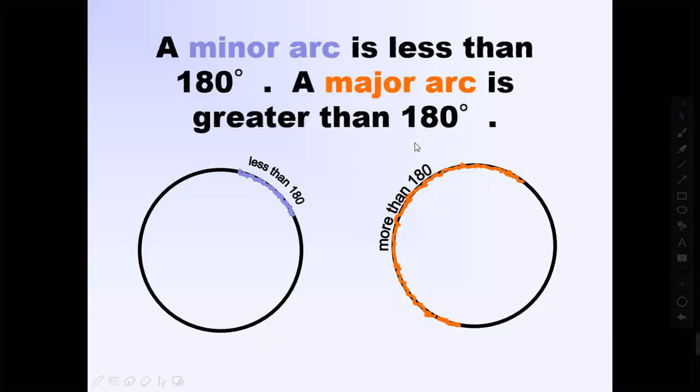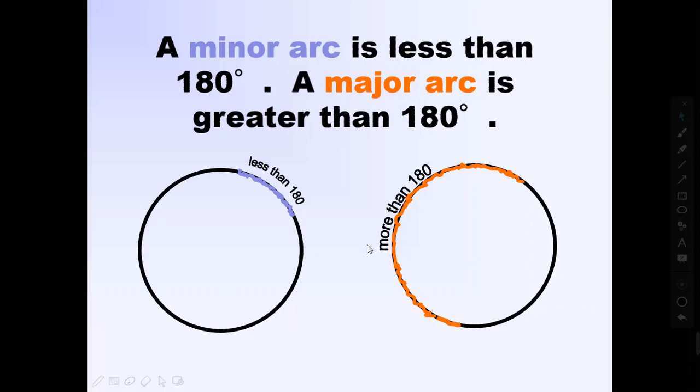Keep on going. We have two other types of arc. One is called the minor arc. A minor arc is an arc less than 180 degrees. Of course, if you have less than 180 degrees, there is also a part bigger than 180 degrees. So the major arc is the one greater than 180 degrees.